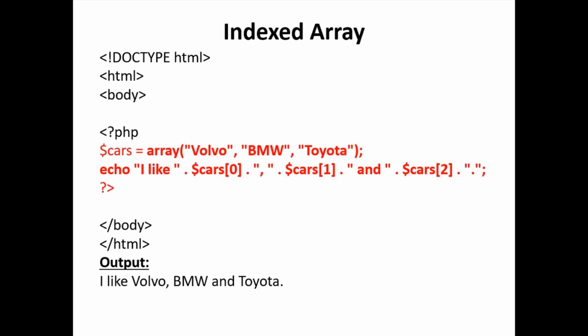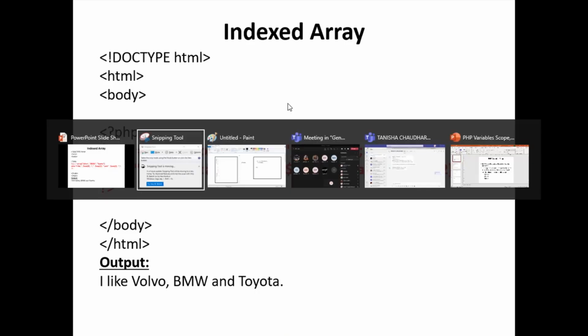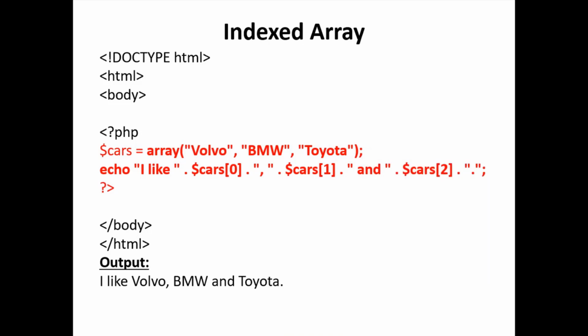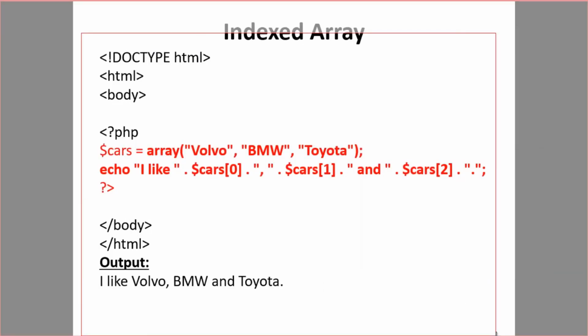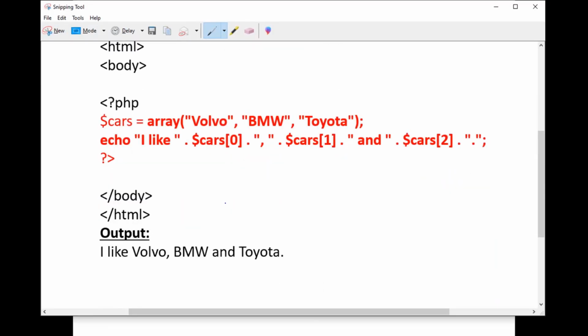So first one, indexed arrays, where we have numeric indexes. As we check in this program, $cars is an array, and it has 3 elements, Volvo, BMW, Toyota, and you are displaying it on the screen.